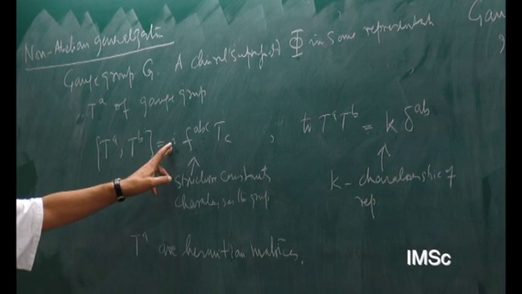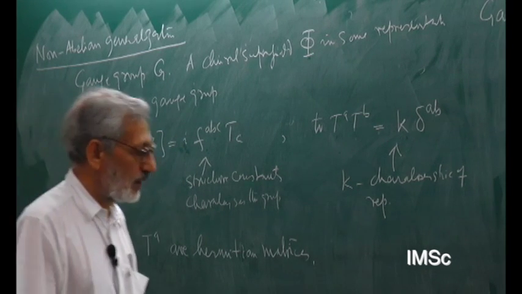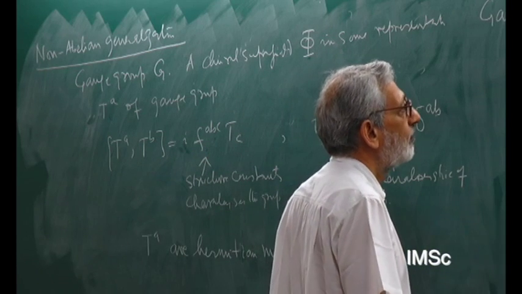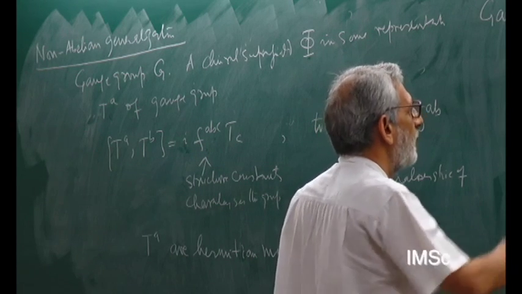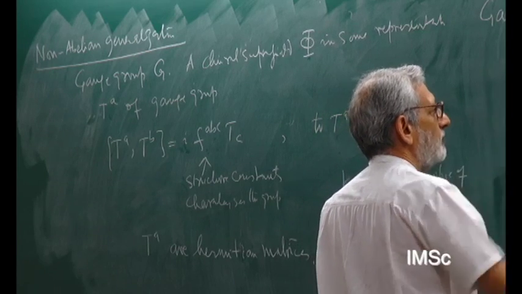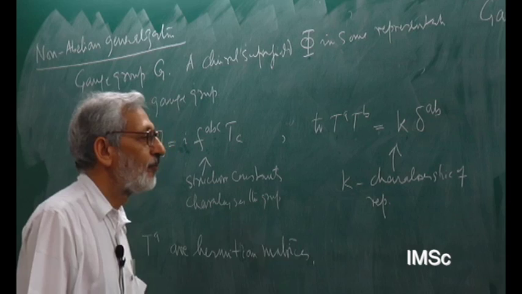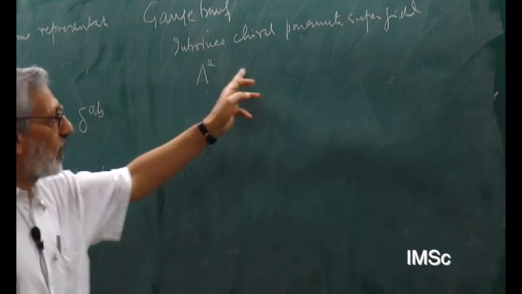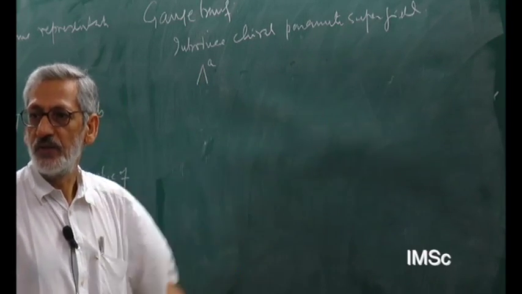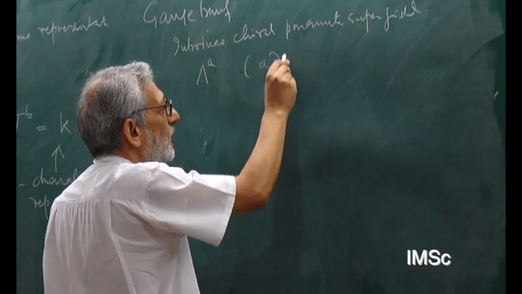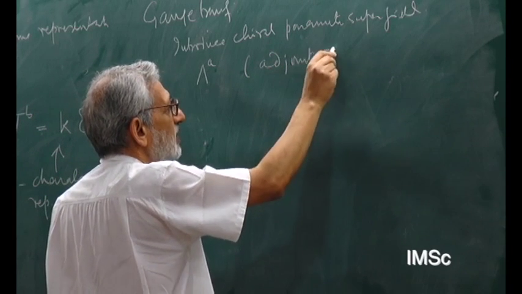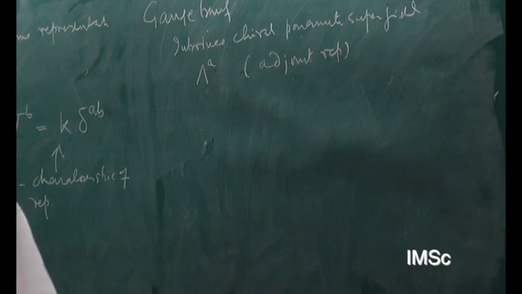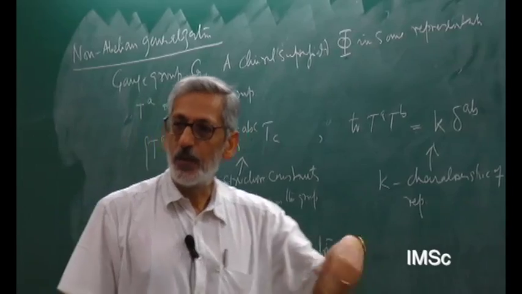With an i here, they are Hermitian matrices. So introduce a chiral superfield parameter Lambda^A. And A runs from 1, 2, 3, 4 up to the dimension of the group, which means it is in the adjoint representation. The number of independent A's is the same as the number of independent T's, which is the same as the number of independent gauge fields.